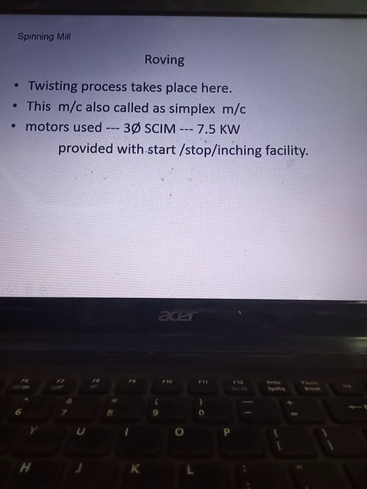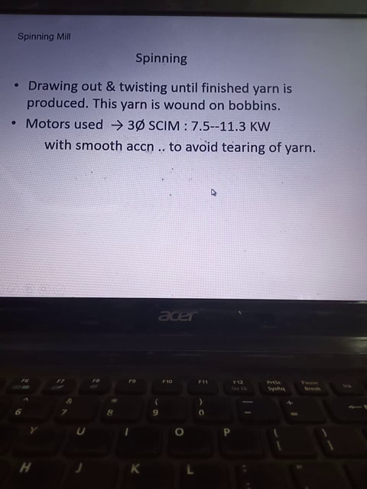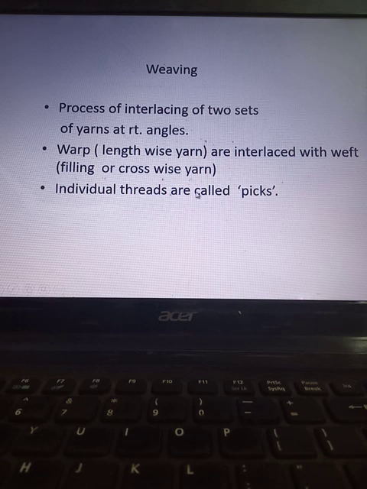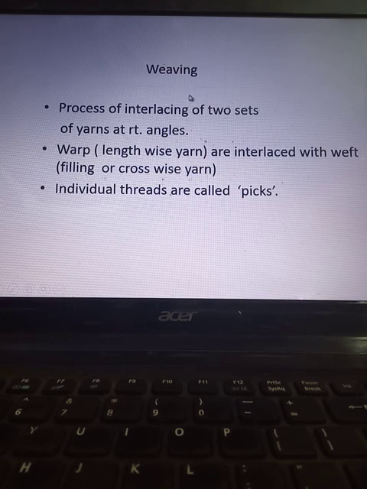And along with that, one more very important requirement is the speed should remain constant. The quality of the cloth that we wear depends on the quality of the yarn. For the quality of the yarn, one important feature is how uniform its thickness is.